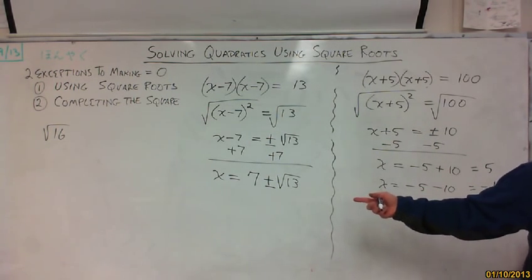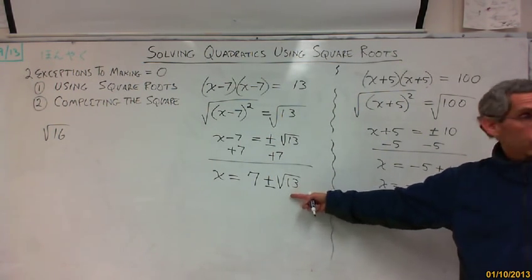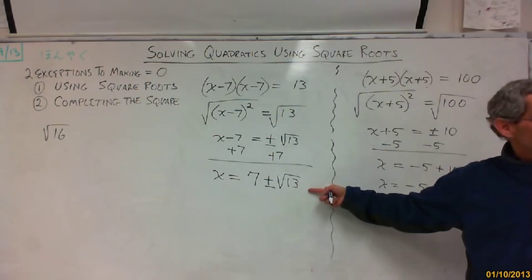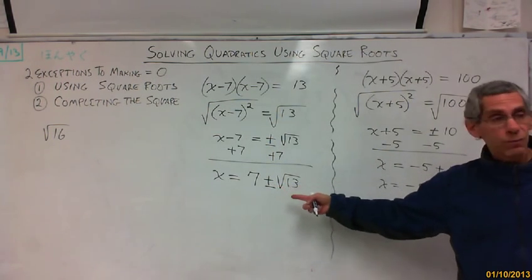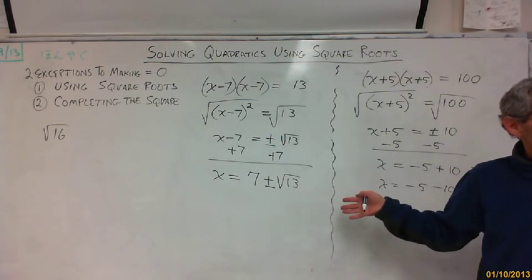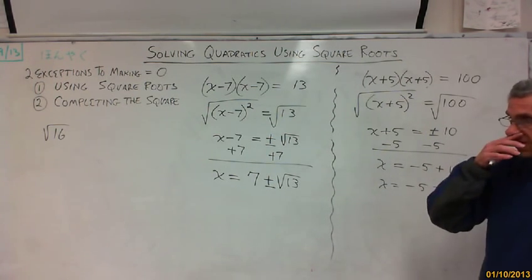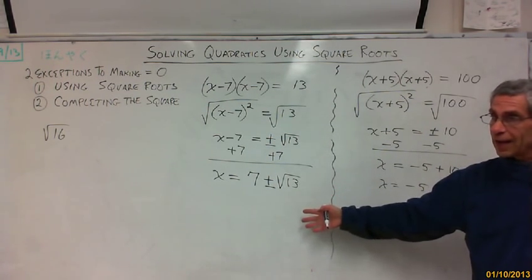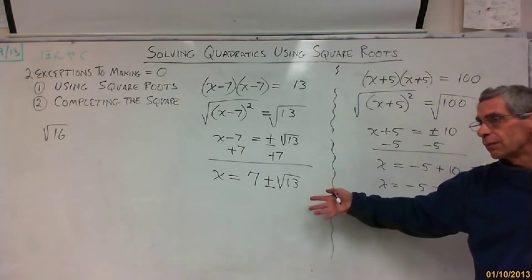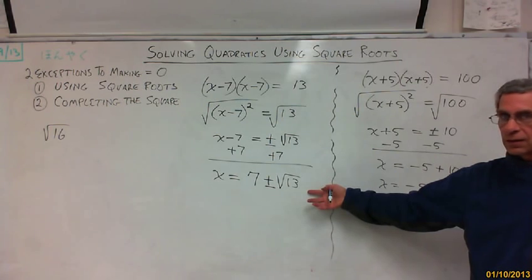of 13 is. 3 times 3 is 9, 4 times 4 is 16, so the square root is going to be 3 point something. So 7 plus 3 is 10, so it's going to be a little over 10. You see what I mean? I'm just approximating, but if I had a calculator, I could see it's 3.6.